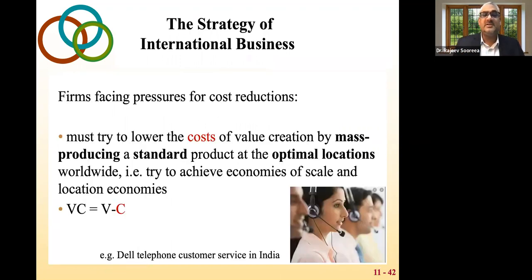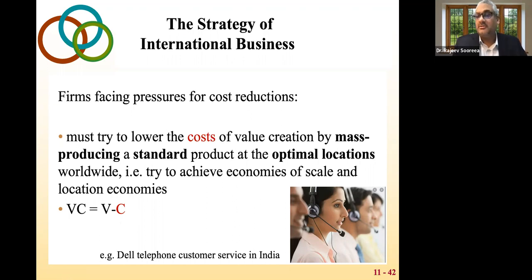Now, firms facing pressures for cost reduction means that the C here, the cost, needs to be reduced. They must try to lower the cost of value creation. And how do they do that? They need to do mass production, and they need to do it at an optimal location.